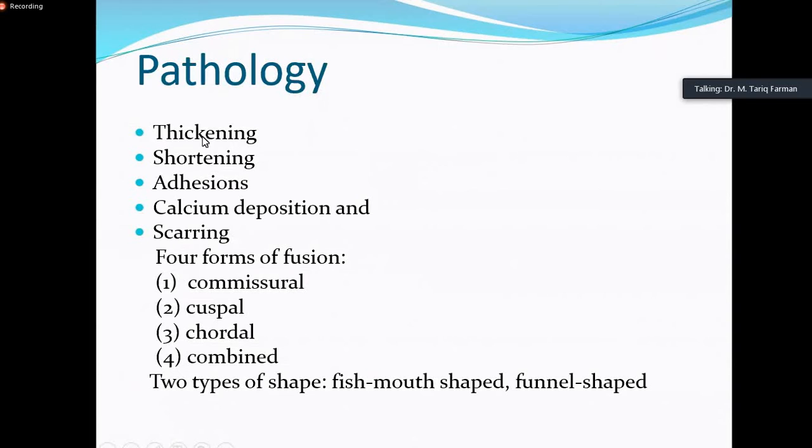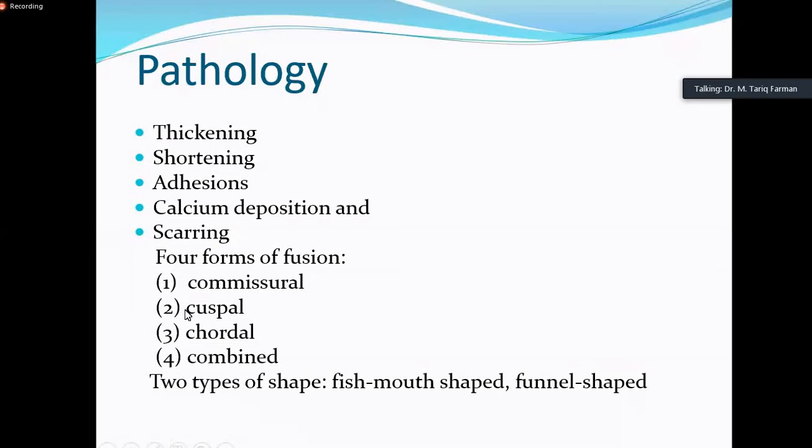There's a thickening because it's an inflammatory disease. There's thickening of the leaflets, and then there's shortening and adhesions of the leaflets. Then in chronic infection, there is calcium deposition and scarring. And we have forms of fusion of these valvular apparatus.